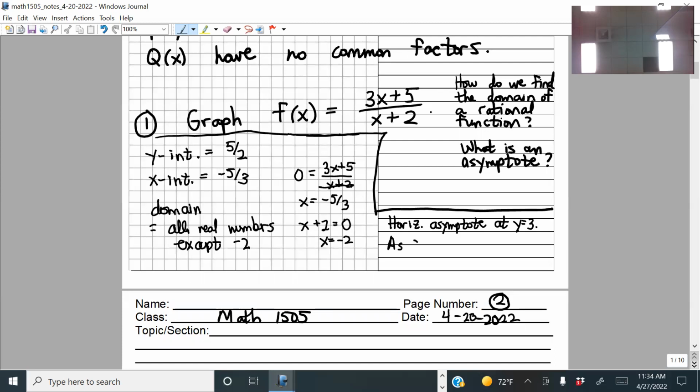As x approaches positive or negative infinity, then y is approaching 3, right? Or you can write this backwards. You could say y is approaching 3 as x approaches positive or negative infinity.